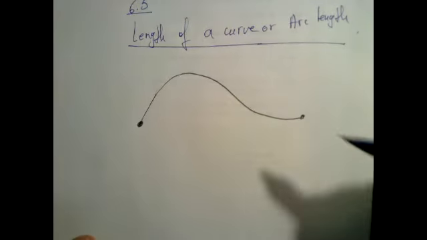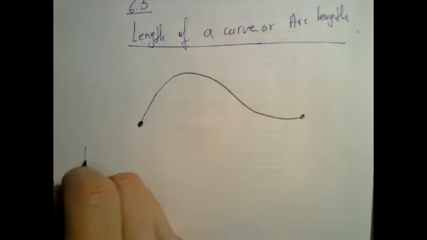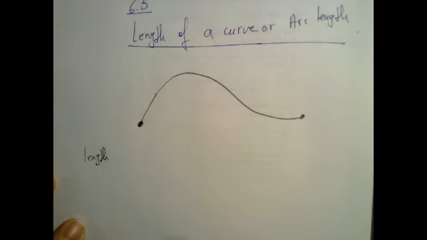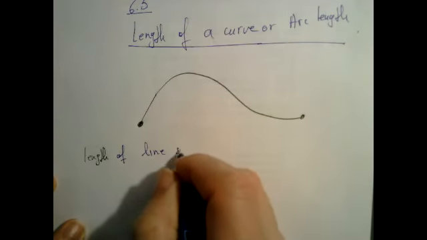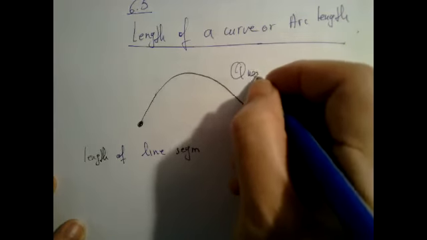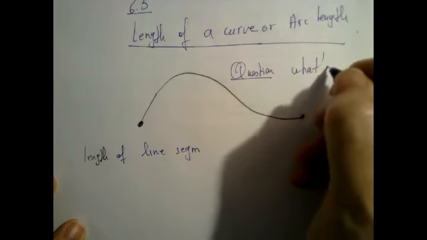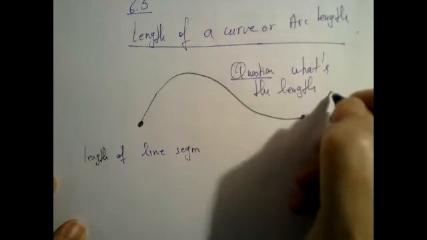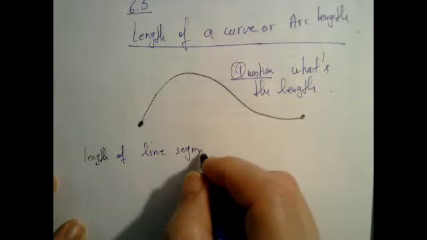All right, before we start with something complicated like the length of a curve, let me remind you of the length of a line segment. So the question is, what's the length? Let me start with a simple question, length of a line segment.